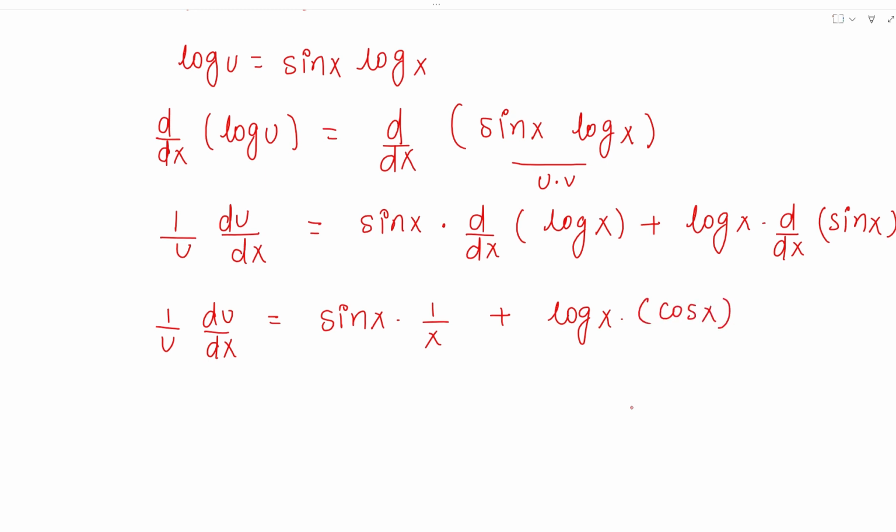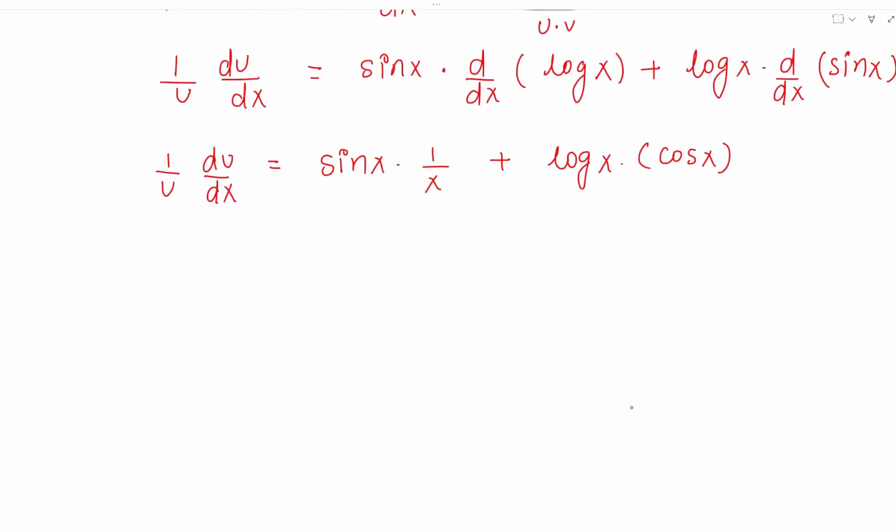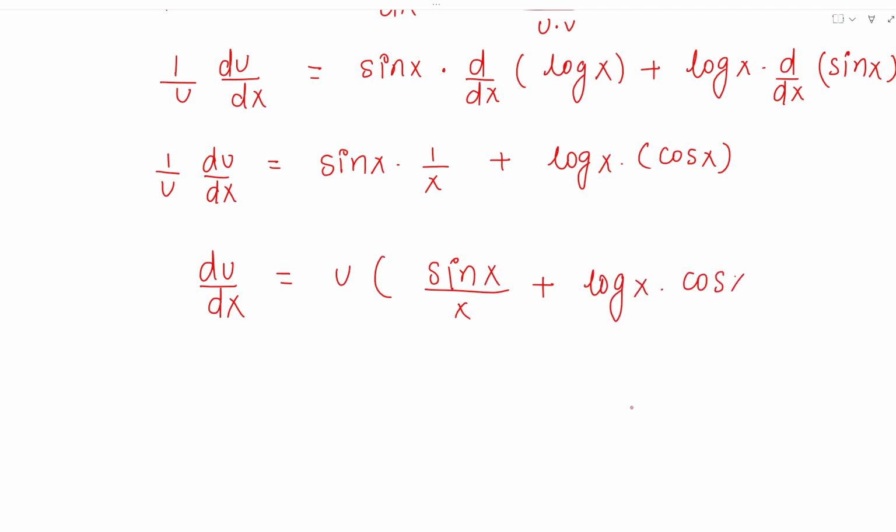Now simplifying both sides, so we get du by dx equal to u times sin x divided by x plus log x into cos x.